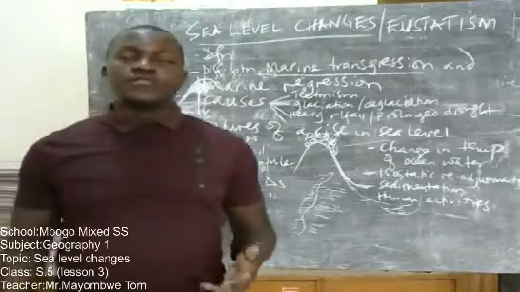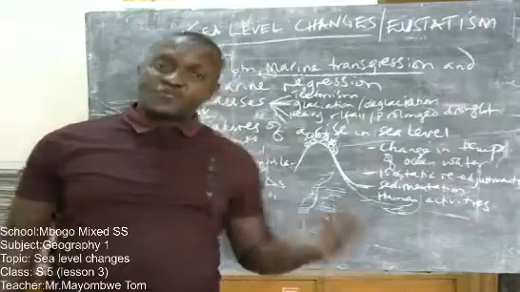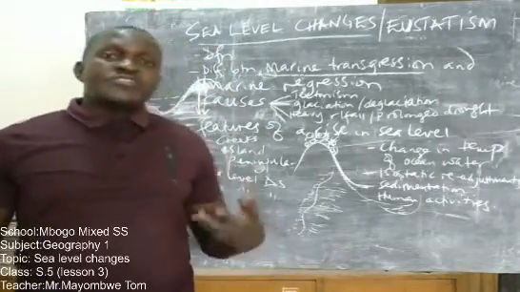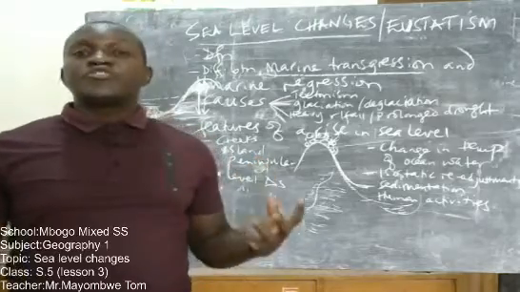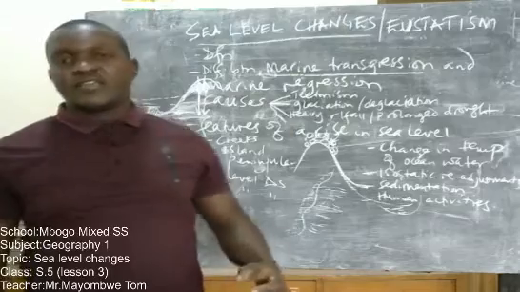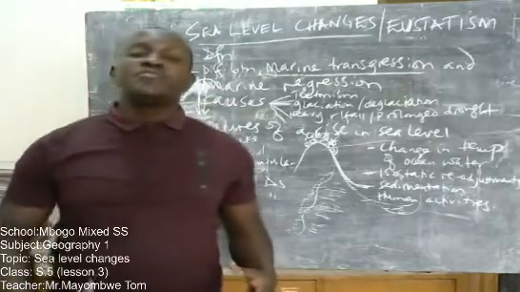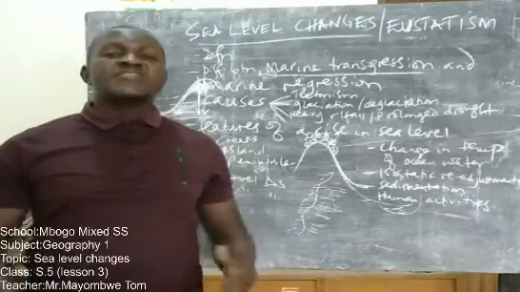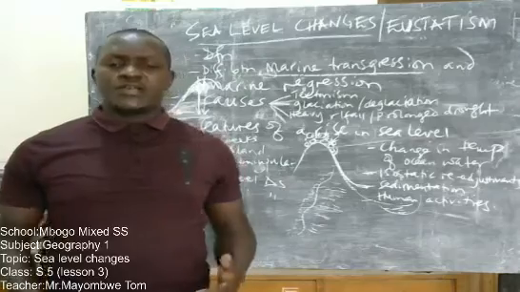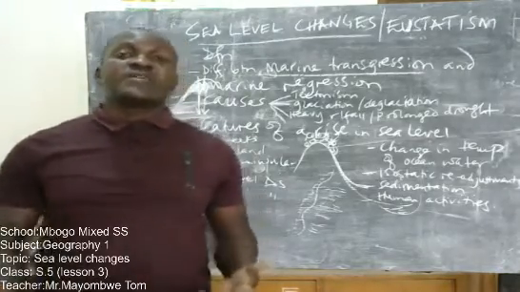Then another cause of sea level changes is change in the temperature of the ocean water. An increase in the temperature of the ocean water, either due to increased heating from the sun or due to volcanic activities below the ocean, makes the water molecules expand. I want to tell you that water, like any other substance, when heated, it expands.